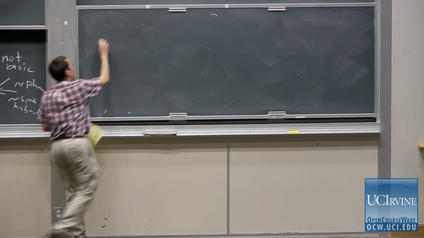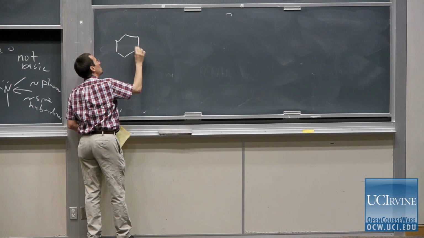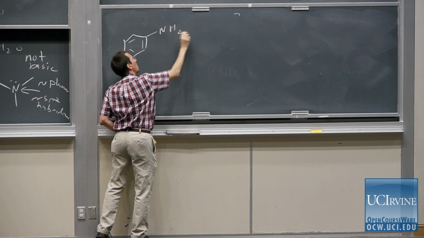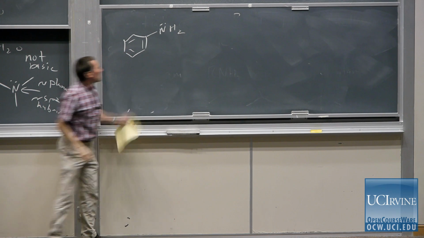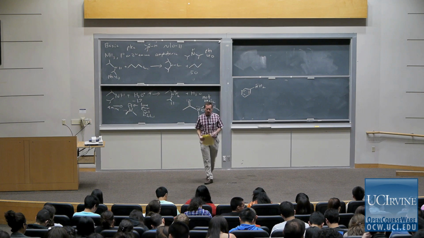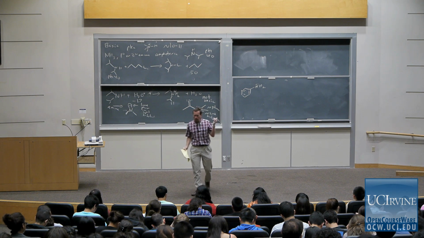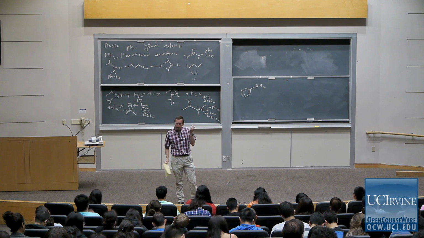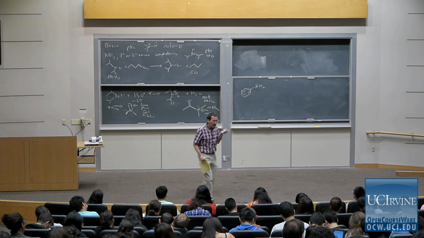So when I drew aniline, we also have a situation that in some ways is like our amide. You've got a nitrogen with a lone pair, but that lone pair is participating in resonance. The lone pair is donating into the aromatic ring.